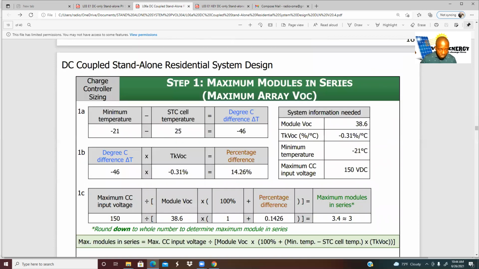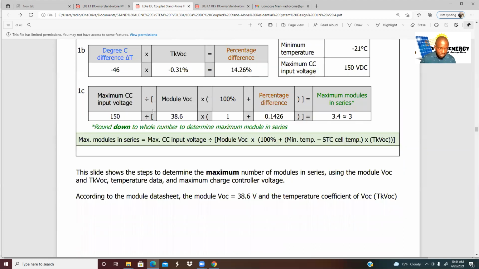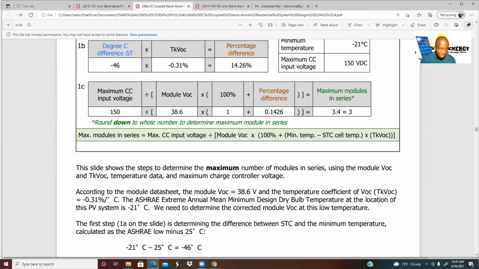So we have -0.31% times -46, which equals a 14.26% difference. Now, the maximum system voltage input is 150 volt, divided by the module voltage of 38.6 times 1.